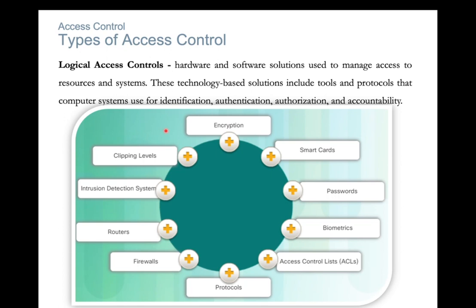Whereas your access control list, ACL, can define and control different types of traffic on a network device to meet specific security requirements. An ACL is a sequential list of permit or deny statements that filter traffic based on certain criteria, such as the source or destination IP addresses.